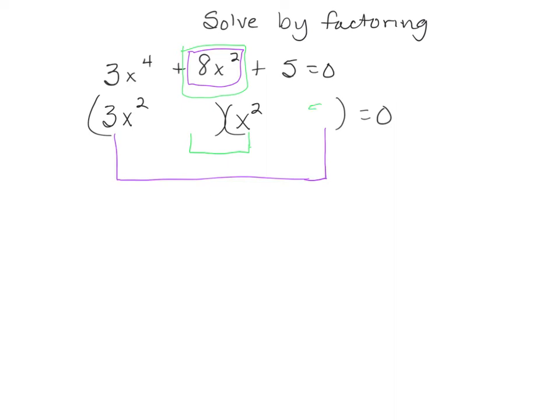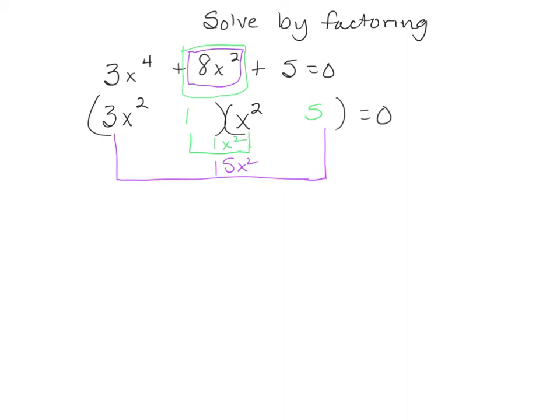Let's put a 5 out here and a 1 here. If I follow the purple line, that's going to give me 15x squared. If I follow the green line, that's going to give me 1x squared. If I add them, that's 16x squared. That's not my answer. If I subtract them, that's 14x squared. That's not my answer. So this is not the order I want to put them in.